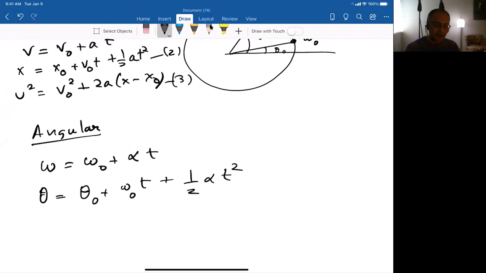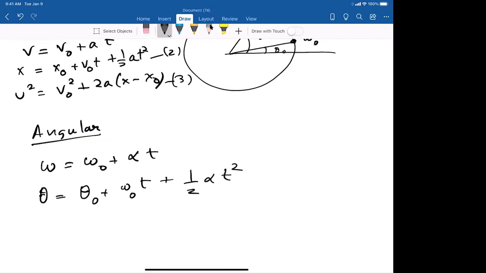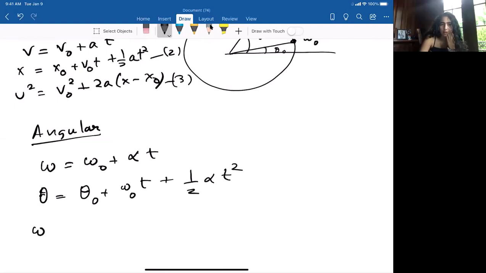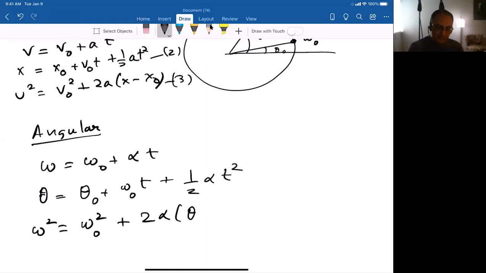And I need one more volunteer to give me the third kinematic equation. Omega final squared is equal to omega initial squared plus 2 times alpha times change in theta. Yes, very good. Theta final minus theta initial. That's exactly right.